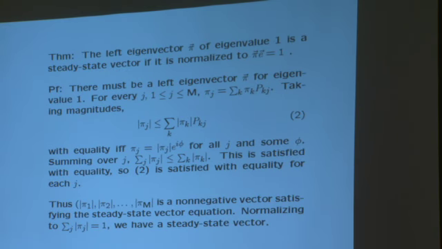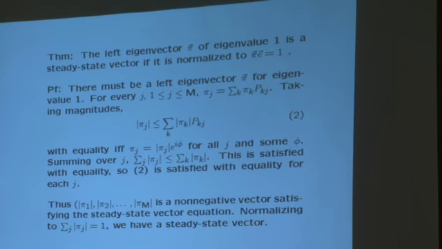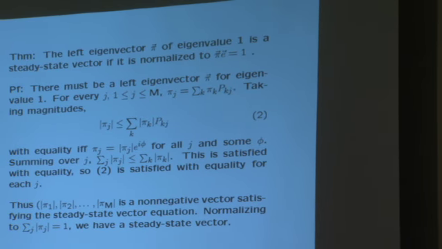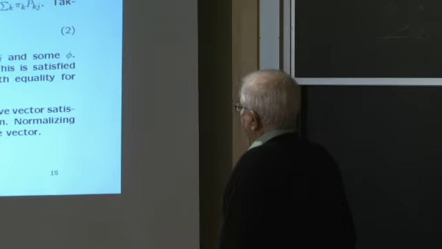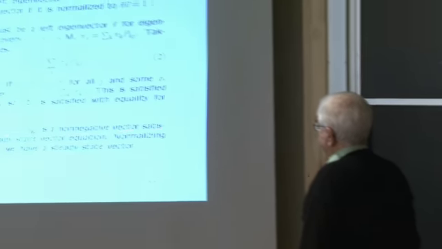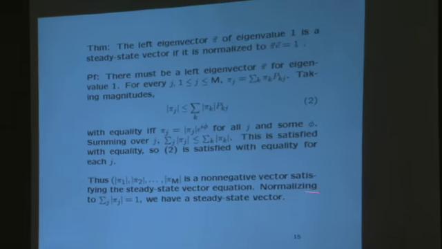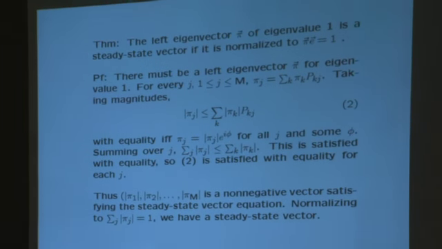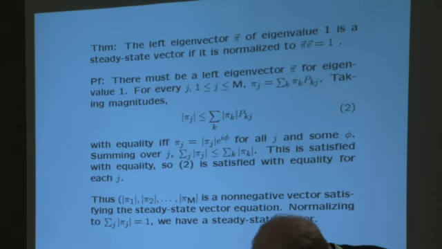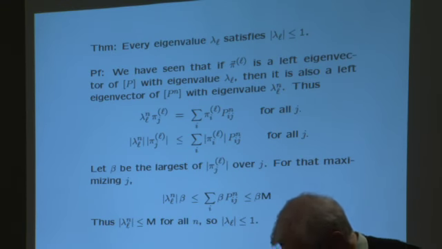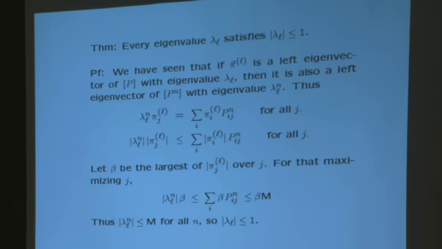Okay, so there always is a steady state vector for every finite state Markov chain. So this is a non-negative vector satisfying the steady state vector equation, and normalizing it, we have a steady state vector. So we've demonstrated the existence of a left eigenvector, which is a steady state vector.